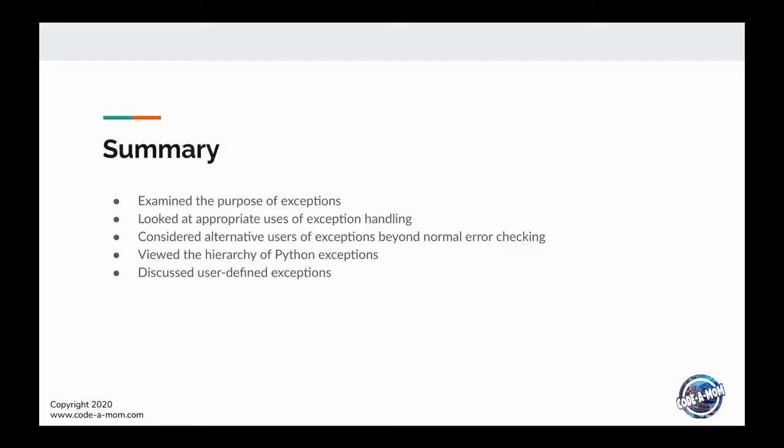Just recognize that you can create your own custom exceptions based off of one of the existing exceptions. So you can use a base exception, or you can use a specific one. For example, in that number division program that we had, if you wanted to check for negative numbers, which we didn't have in there, you could create a negative number error from value error.